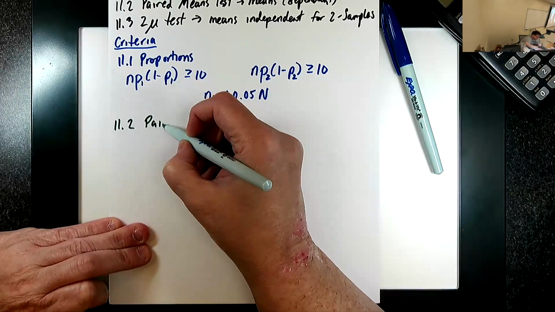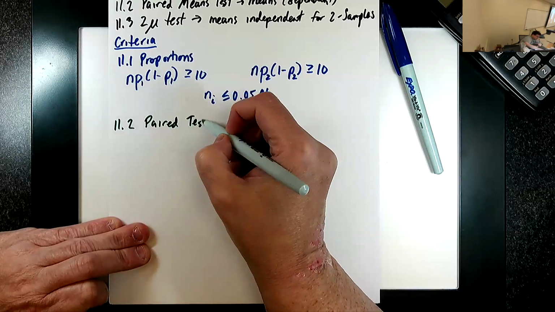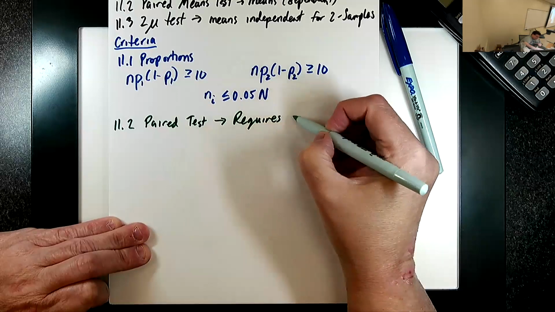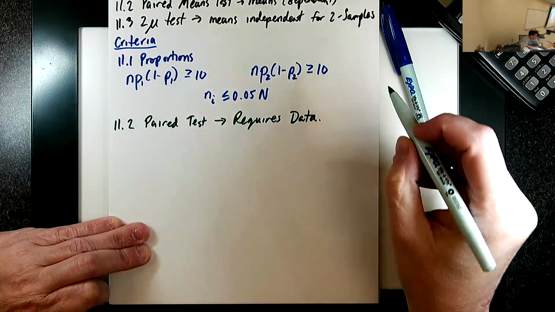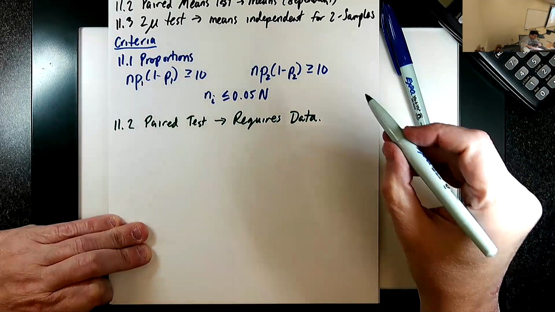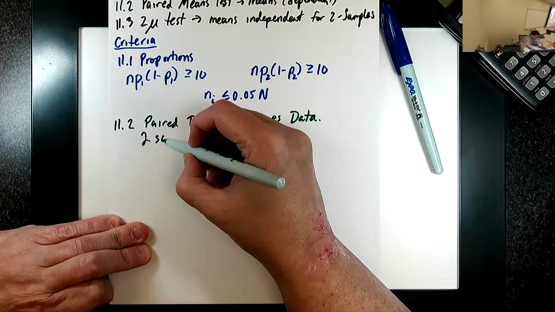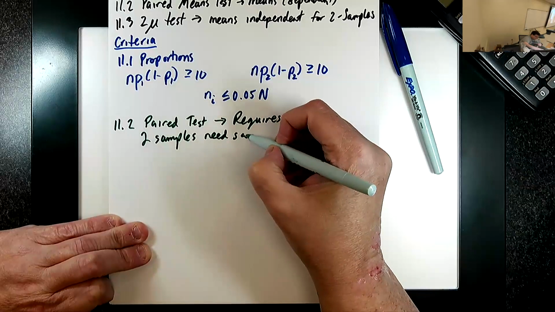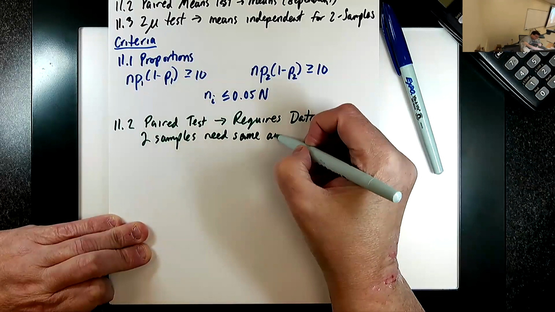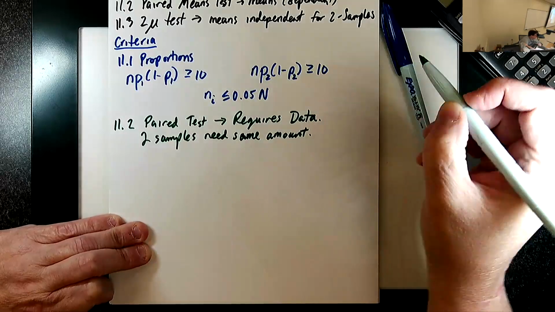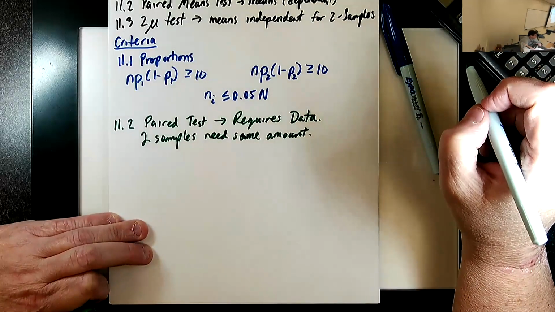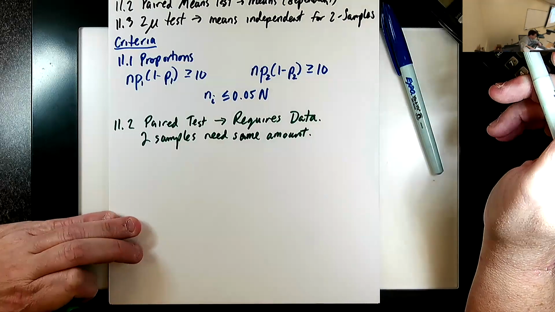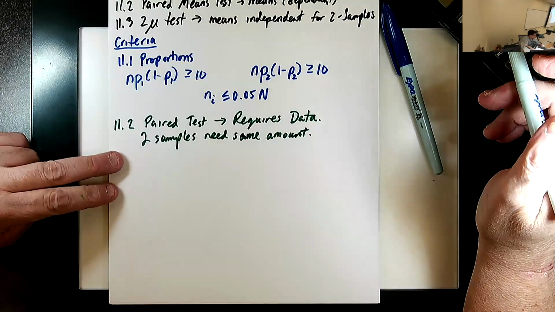11.2 is the paired test. This requires data. And the two samples need the same amount. That is not a guarantee that it's a paired test, that they have the same amount, because 11.3 is a two means test.